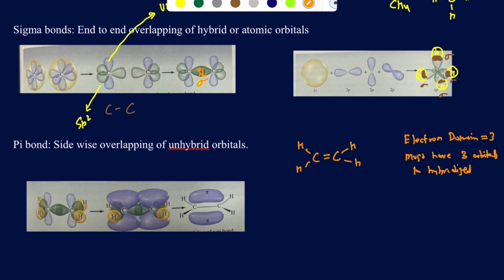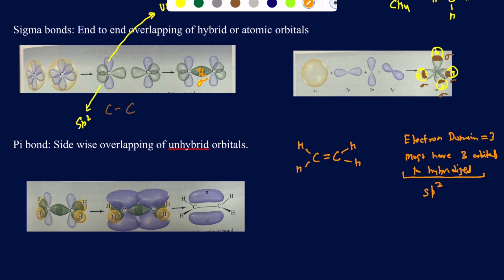So I need three orbitals to be hybridized, which means I'm going to start from s. Remember, in carbon, you have the 2s and the 2p being hybridized, and then I'm going to move to p until I get a total of three hybrid orbitals. I can only get one from s, because any s subshell has only one orbital, and any p subshell has three orbitals in total. So I'll have one from the s and I'll need two from the p, and that gets you sp2 hybridization.